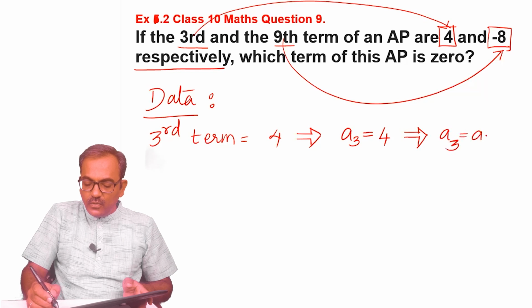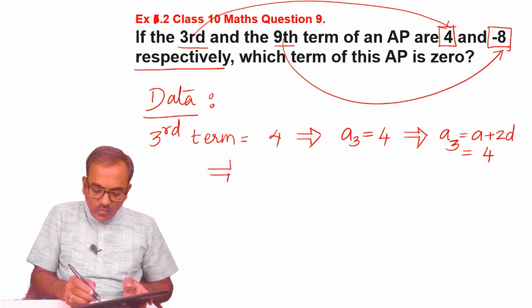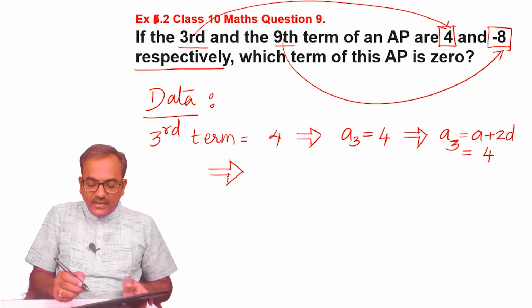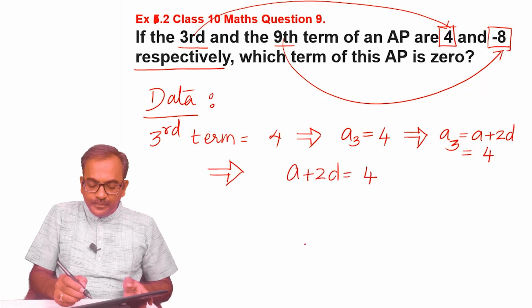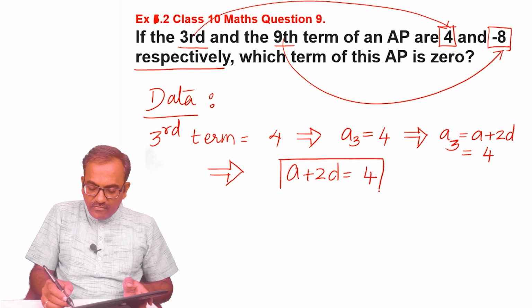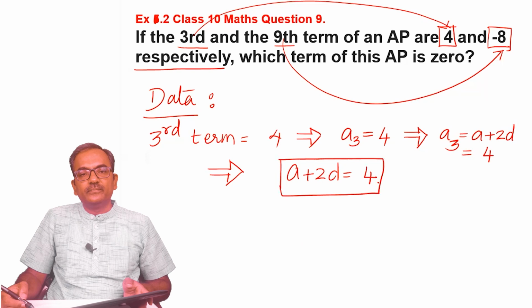A3 is equal to a plus 2d, which is again equal to 4. So the idea that we get is a plus 2d is equal to 4. This is the final conclusion of part 1.